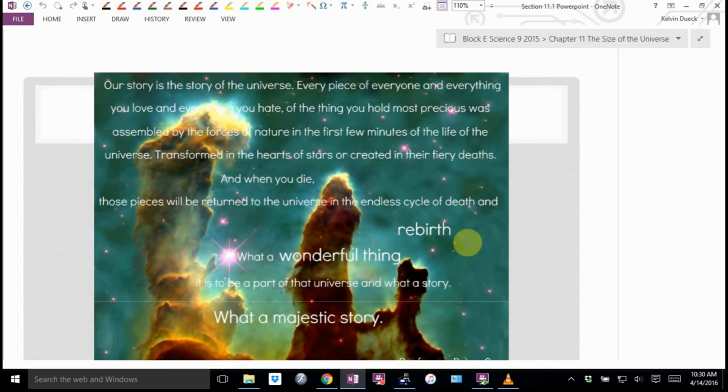And when you die, those pieces, your atoms, will be returned to the universe in an endless cycle of death and rebirth. What a wonderful thing it is to be part of that universe, and what a majestic story."